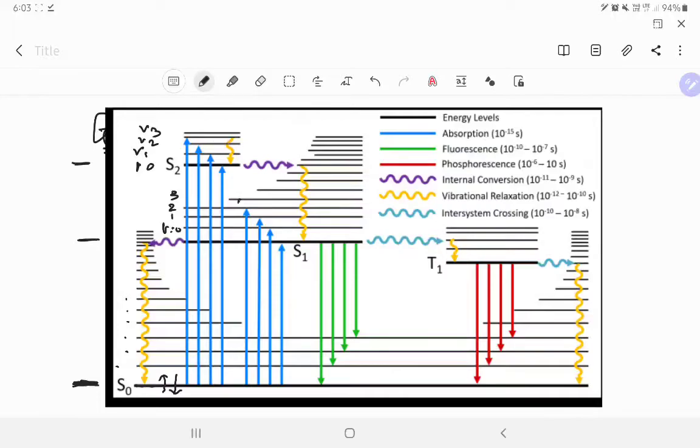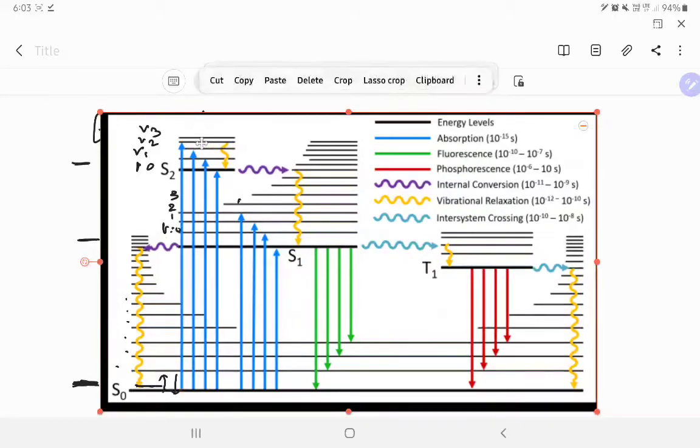It undergoes vibrational relaxation, a non-radiative transition. We can say VR.